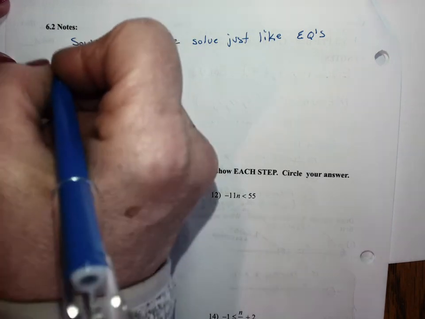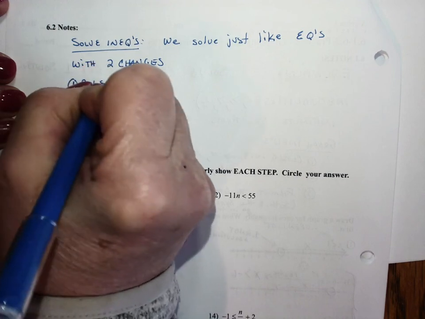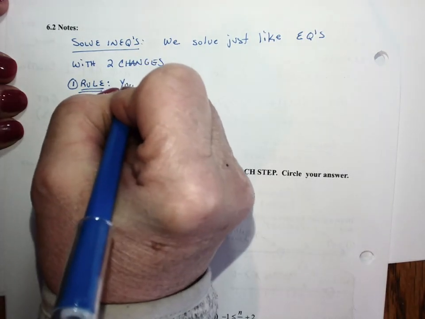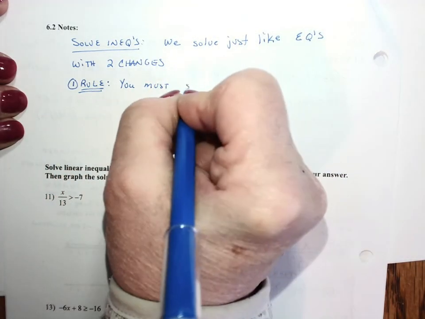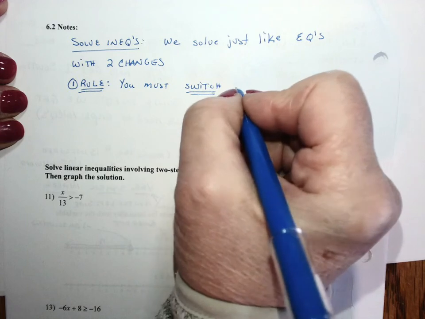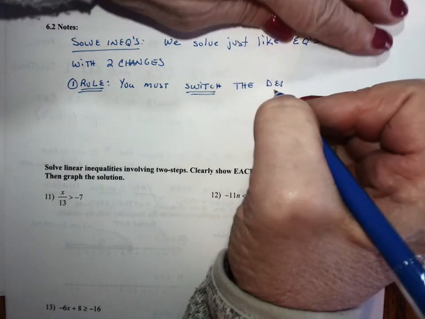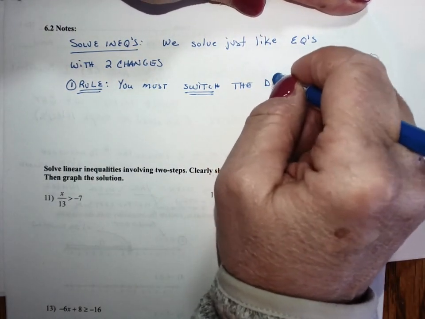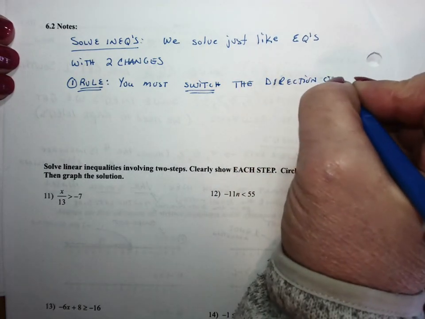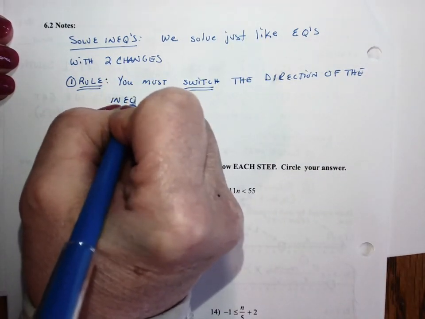All right. The first is a rule, and make sure that you understand this rule. You must switch the direction of the inequality symbol.